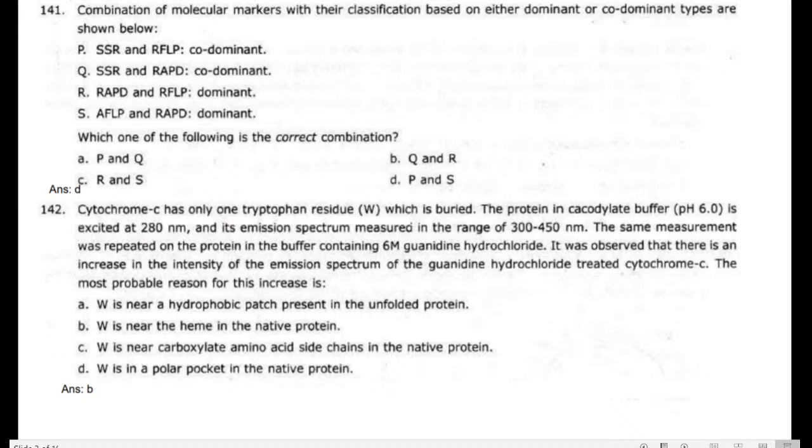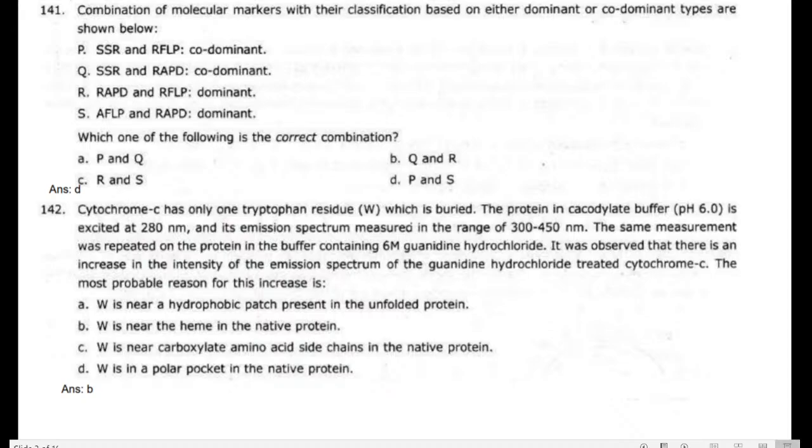Here they mention SSR and RFLP are codominant; SSR and RAPD are codominant; RAPD and RFLP are dominant; AFLP and RAPD are dominant. Which one is the correct combination?